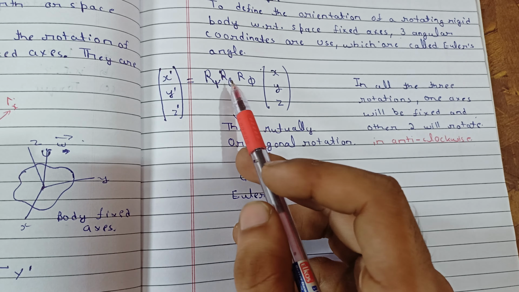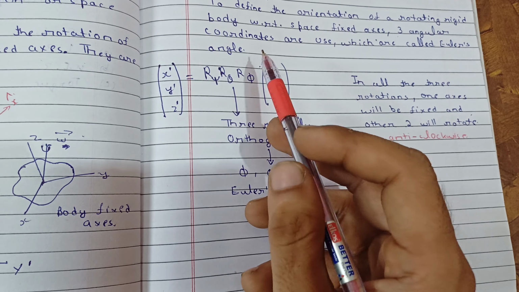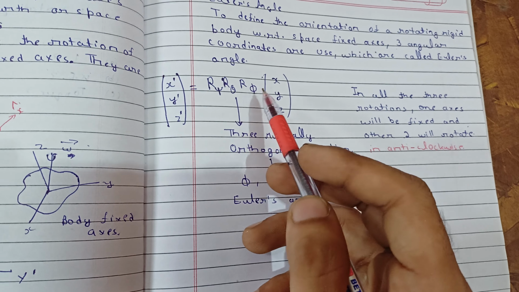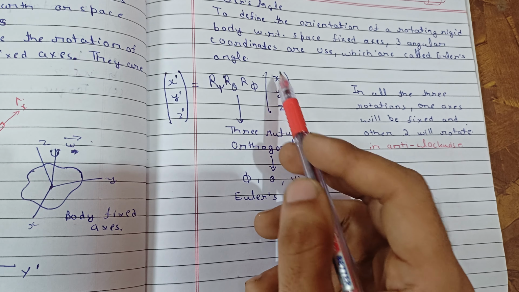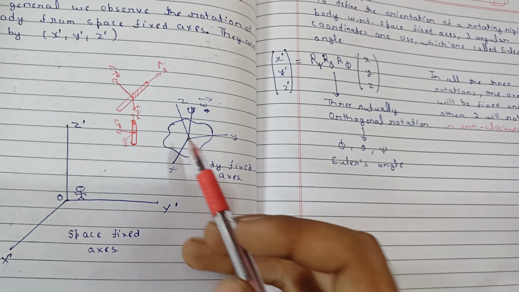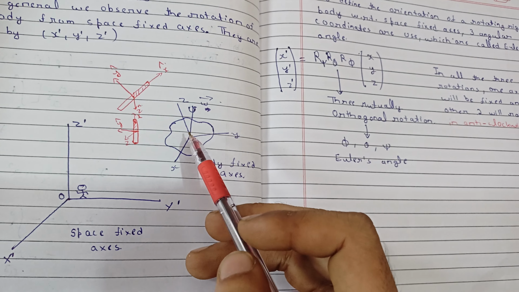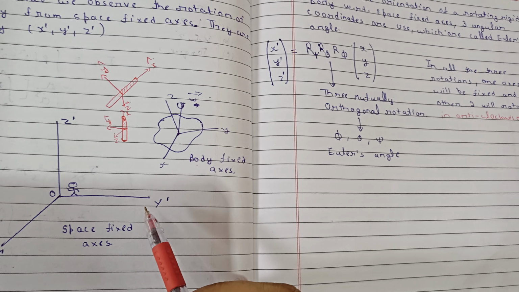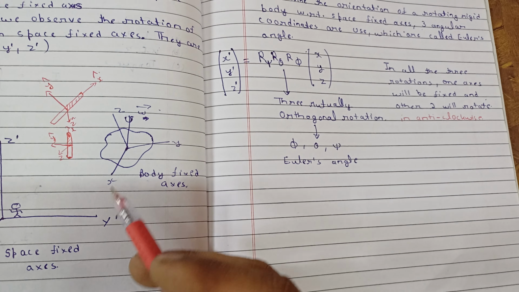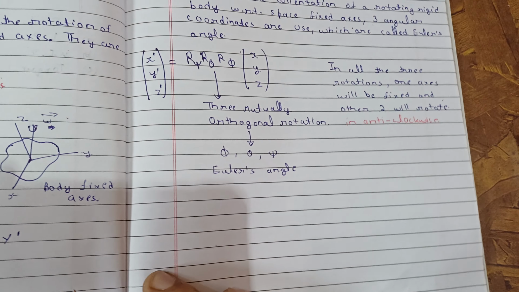Then we will operate this theta rotation on whatever comes after this. Then we will operate this psi rotation on whatever comes here. When we operate all these three on this x, y, z, we will get x prime, y prime, z prime. So the whole purpose is to orient these x, y, z body fixed axes in the space fixed axis. That's how we can see how this body is oriented, and how it is changing with time.